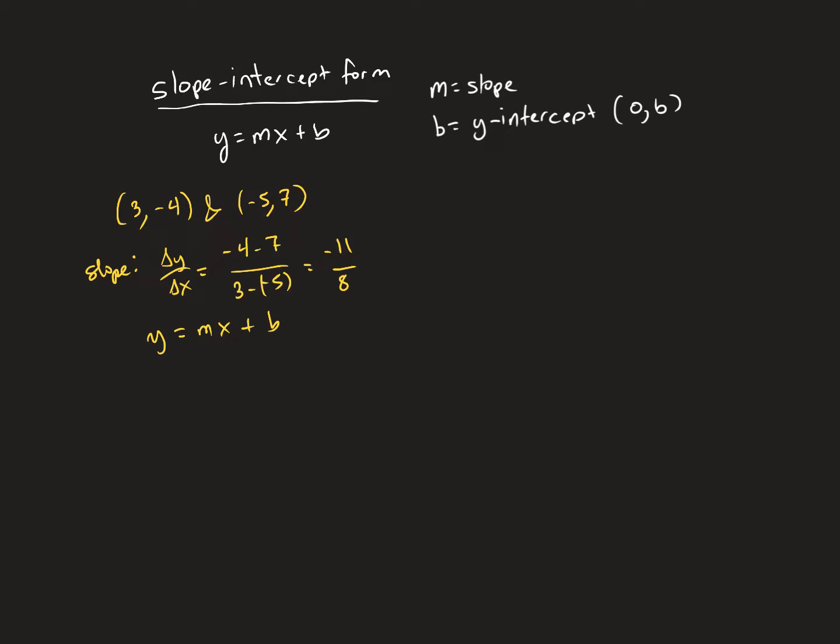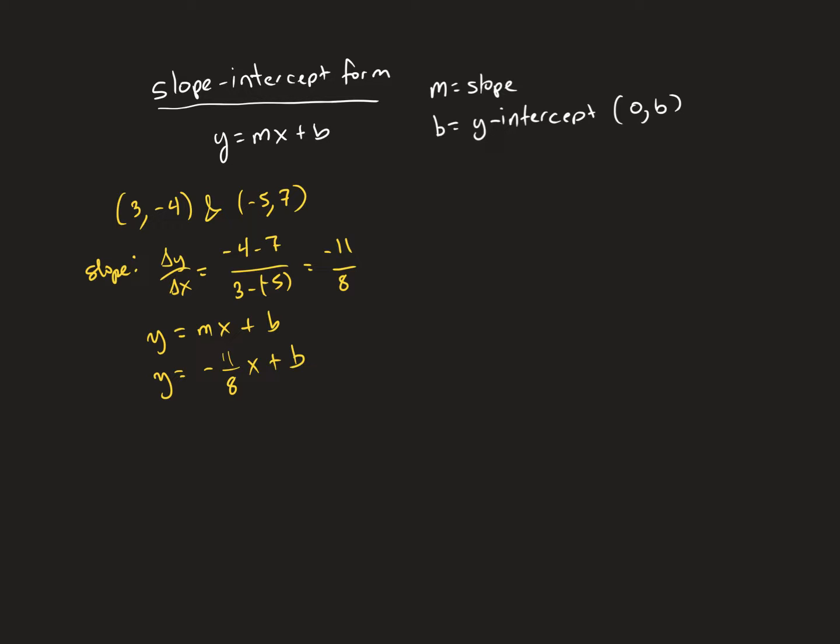The b is the y-intercept, specifically where it intersects the y-axis. So we're going to plug in the slope. Now we don't know the y-intercept, but we do know 2 points that the line passes through.